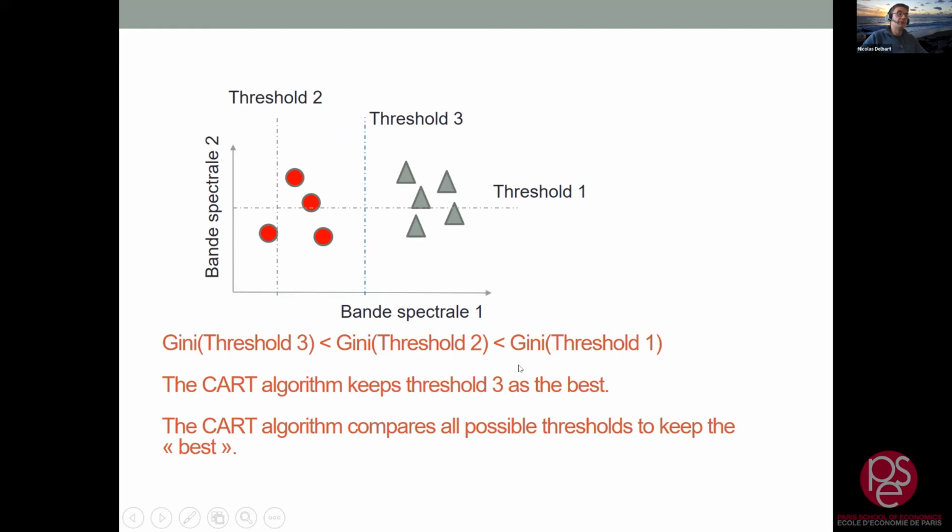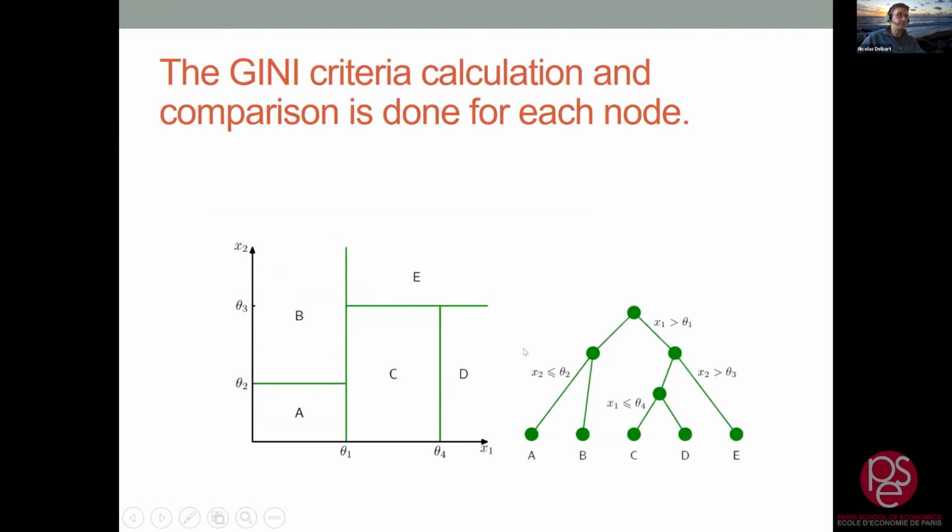CART does something much stronger than what I've said, because it does not compare only the Gini factor for three thresholds, but for all possible thresholds in the space of the possible values in the data. So basically, if we have a 2D, two-variable space, it will be separated like this, or we can represent it by a tree, which is a decision tree.